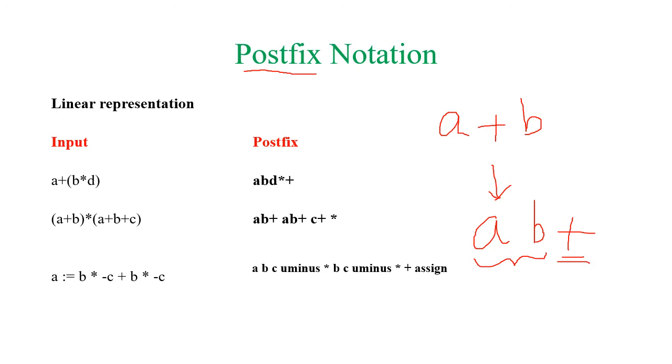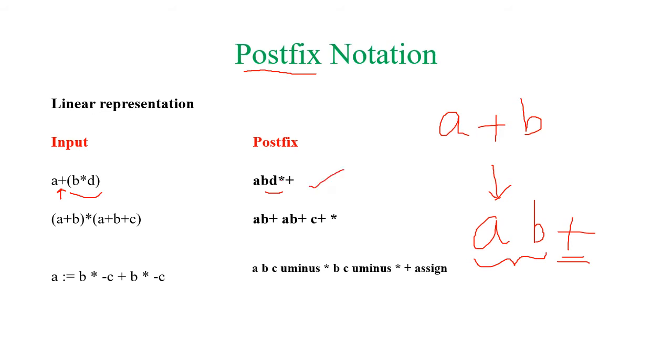For example, A plus B star D, with B star D in parenthesis. First, what we have to do? We have to convert this portion. Why? This is in the parenthesis, and parenthesis have the highest priority. That means we get B D star. Now we have to handle this plus operator, and one operand is A, another one is B D star. So A B D star plus.